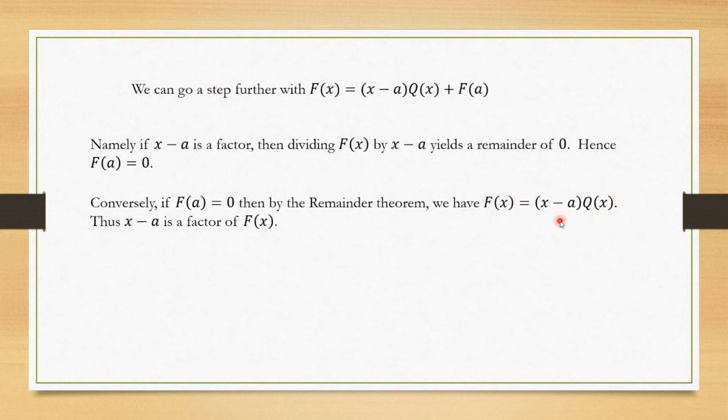And notice that x minus a is a factor of f of x. So if your polynomial, capital F, if capital F of a is 0, then x minus a is a factor of f of x. So you can determine if x minus a is a factor of the polynomial. You just evaluate it at a. This tells you that the other direction is true. Namely, if this were a factor, then f of a has to be 0.